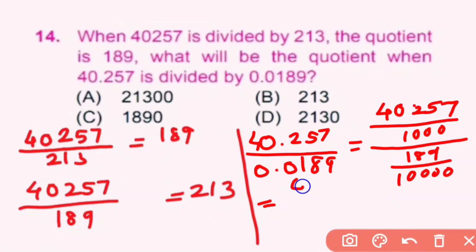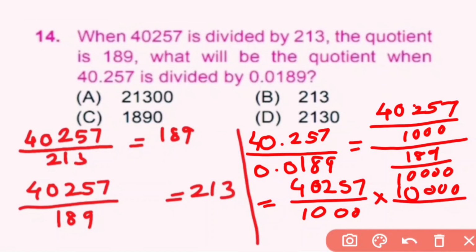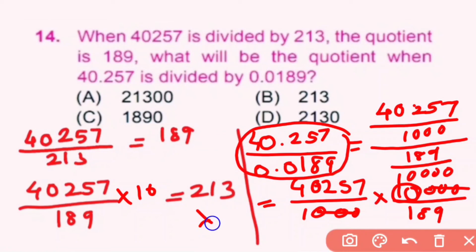So here 40,257 divided by 1000, here we take the reciprocal, so 10,000 divided by 189. This 1000 gets cancelled. Means for this here we multiply by 10, so on both sides we multiply by 10. So our answer is 2130. So here D is the correct answer.